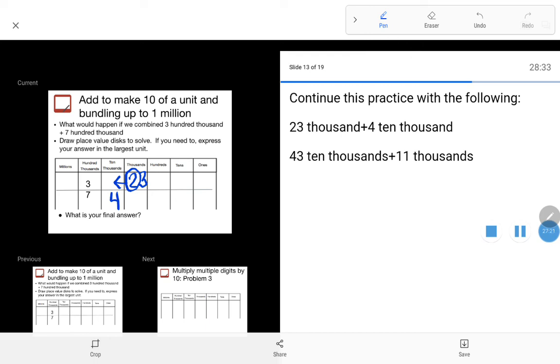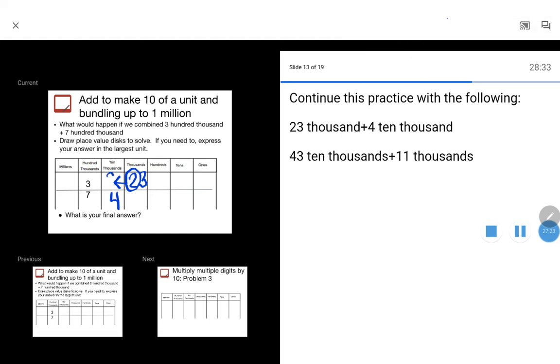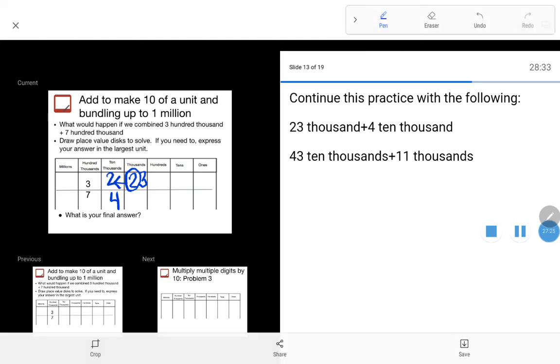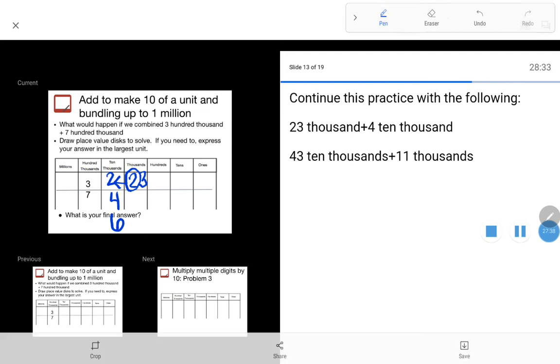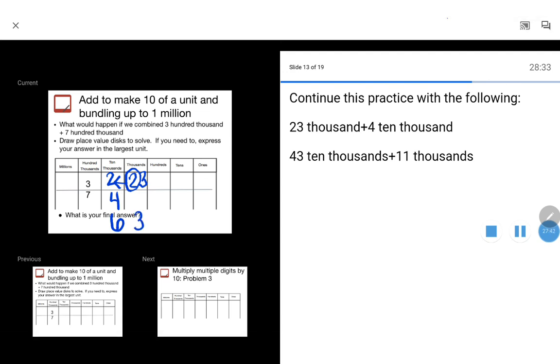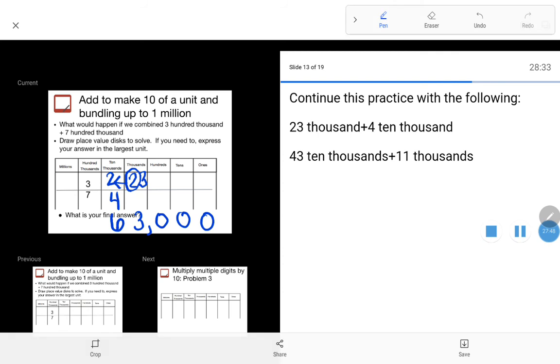Then if I add another 4 10,000s, how many 10,000s does that give me? What's 2 plus 4? 6. So we have 6 10,000s and 3 thousands, no hundreds, no tens, and no ones. So that would be 63,000.